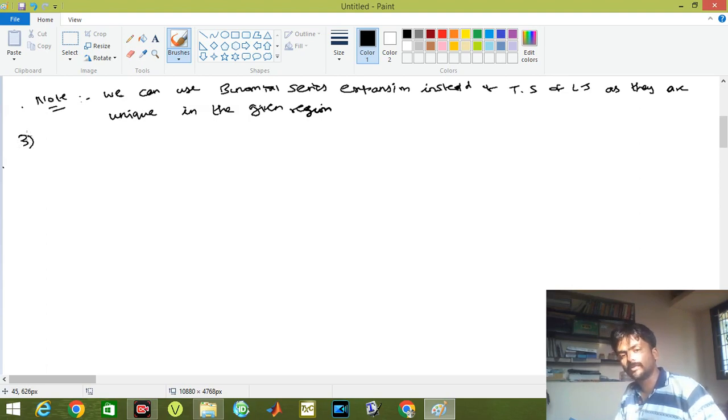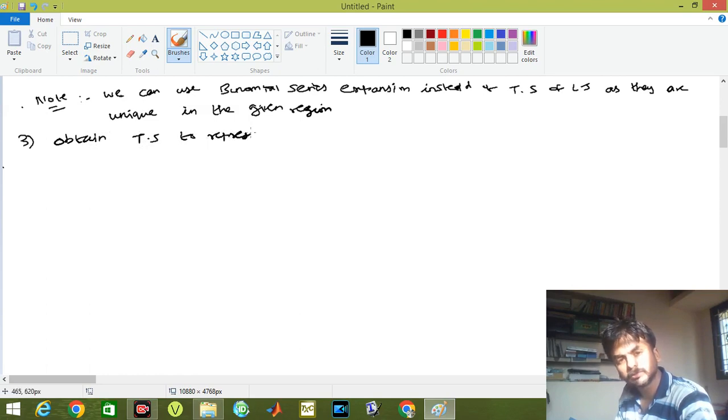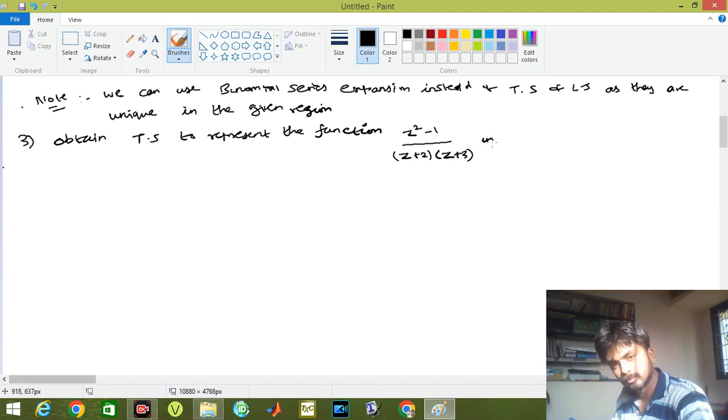So where we can apply binomial series expansion. The question is: obtain the Taylor series to represent the function (z square minus 1) divided by (z plus 2)(z plus 3) in the region modulus of z less than 2.